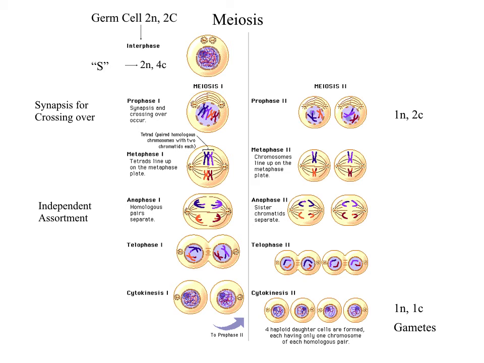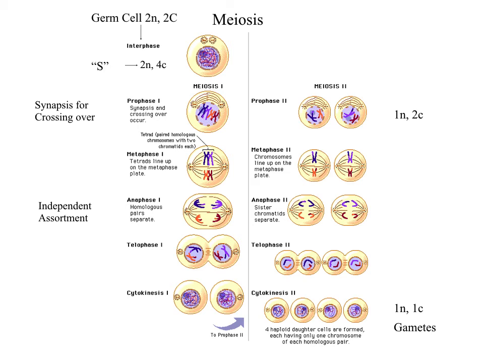At this stage, we end up with cells that are haploid, but they still have twice the DNA content because we still have those replicated chromatids in there. This is where we're at when we're entering meiosis 2, which is the prophase 2 stage. Then meiosis 2 continues much like mitosis, and we have our chromosomes again enter metaphase 2 and line up on the metaphase plate.